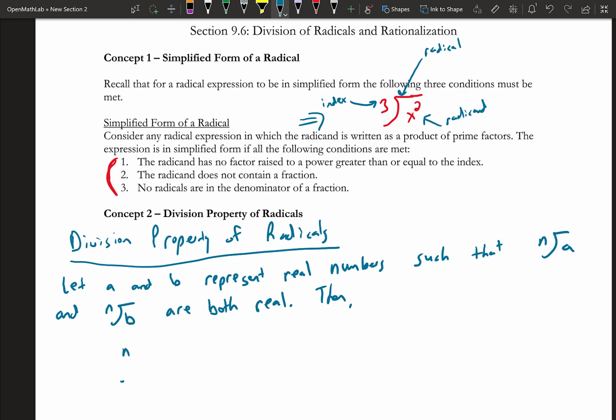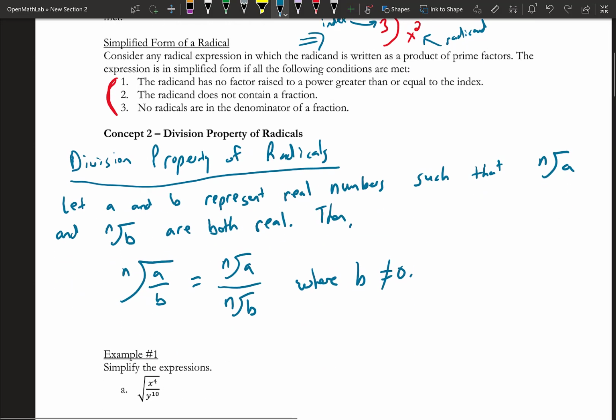The nth root of A over B is equivalent to the nth root of A divided by the nth root of B, where B cannot be equal to 0, because we can't divide by 0.